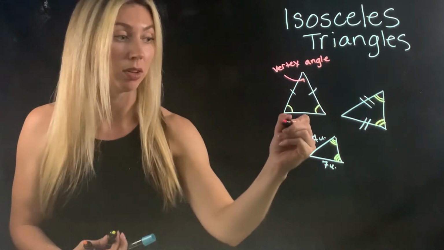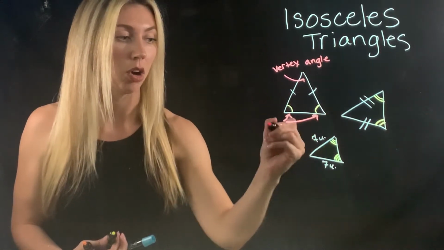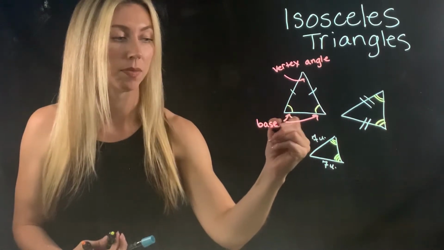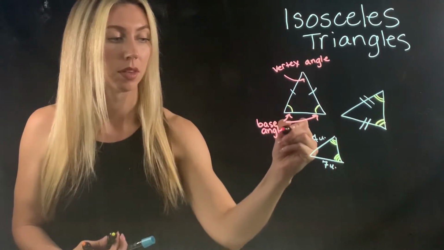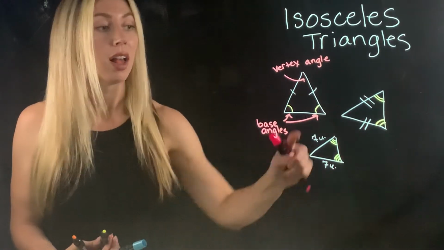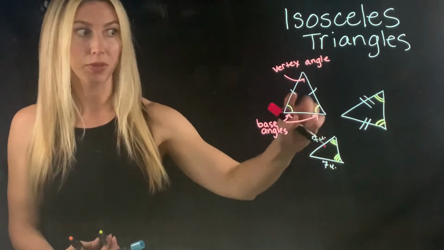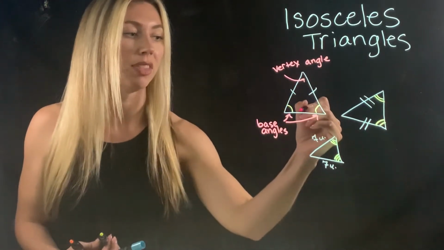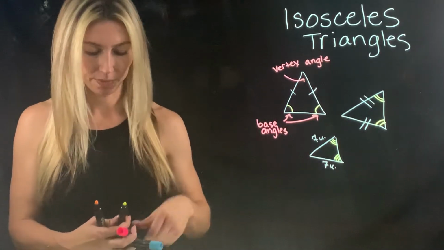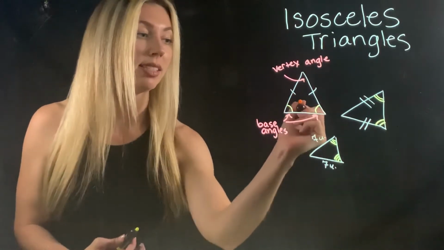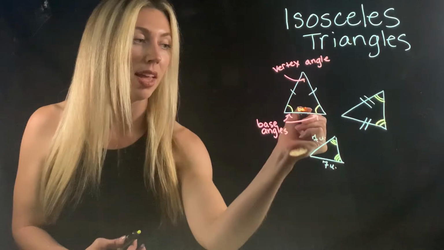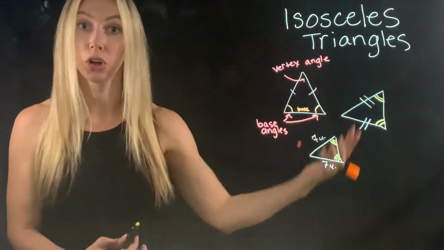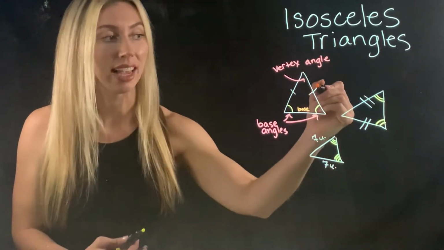And the other two angles are called the base angles, because we consider the side that is different from the other two the base. So we would call this side, I'll use a different color, the base, and we call the two sides that are congruent to each other the legs.